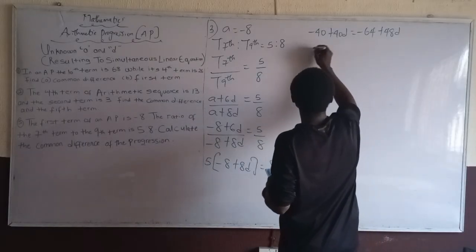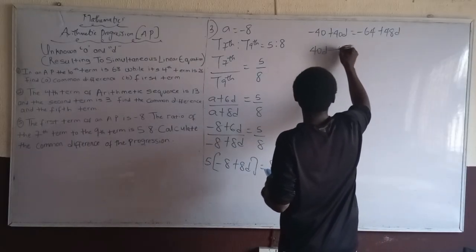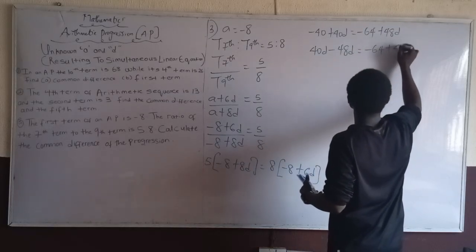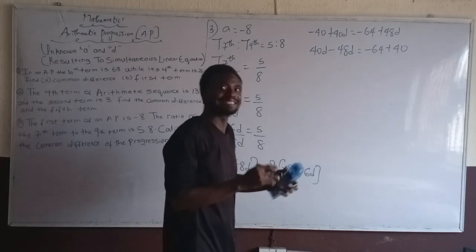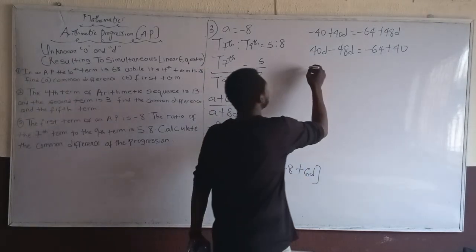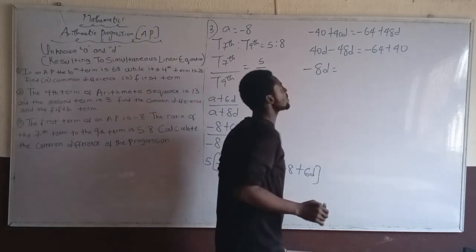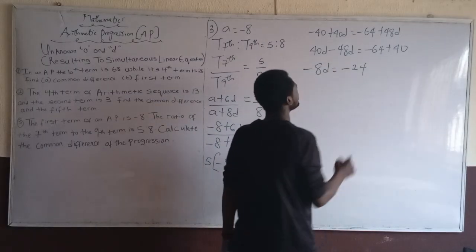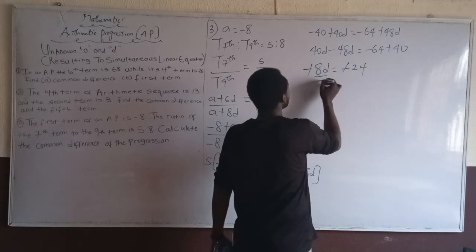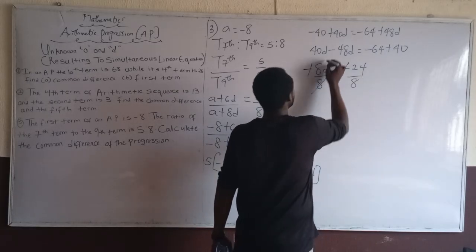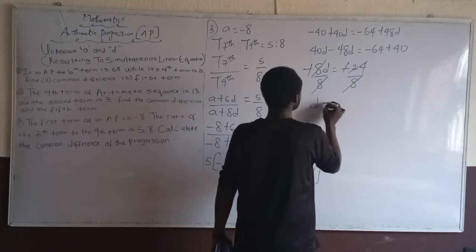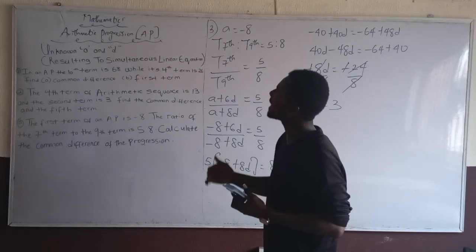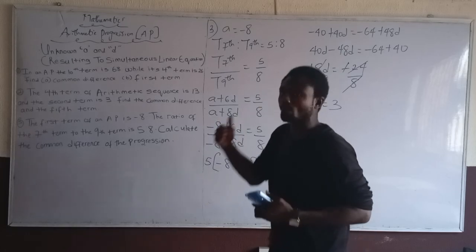So here becomes 40d minus 48d equals minus 64 plus 40. So 40d minus 48d is minus 8d. Minus 64 plus 40 will give me minus 24. So minus cancels minus, divided by 8, divided by 8. This cancels this cancels this. D is 3.